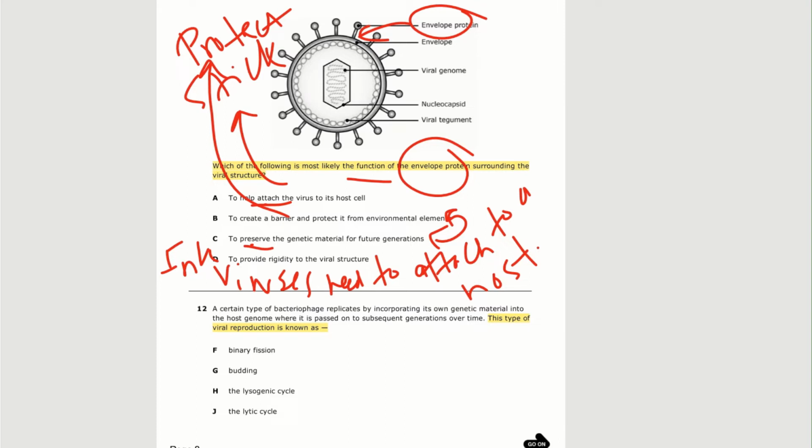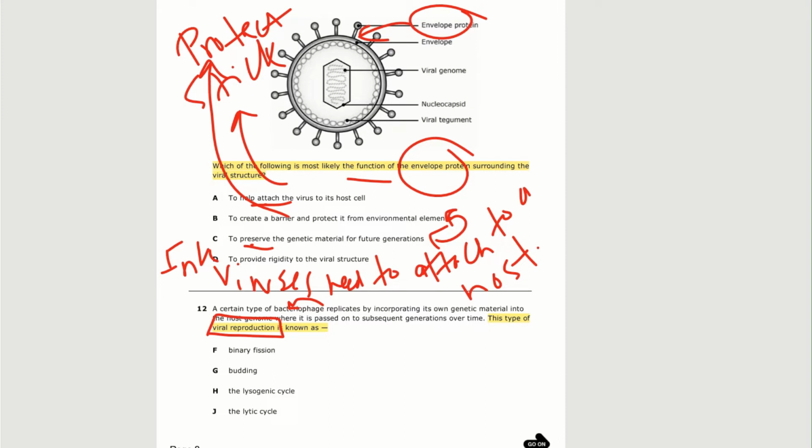Okay, next one. This type of viral reproduction is known as. So viral reproduction means it's going to make more. And it says a certain type of bacteriophage, that's a virus that attacks bacteria, replicates, that means reproduces, by incorporating its own genetic material into the host genome, where it is passed on to subsequent generations over time.